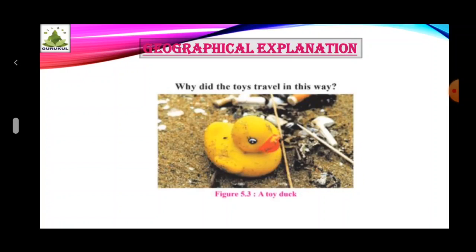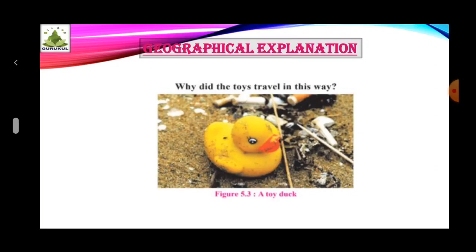After around 10 months, on 16th November 1992, some of these toys reached the coast of Alaska. Some of them crossed the Bering Strait and moved up to the Arctic Ocean by the year 2000.